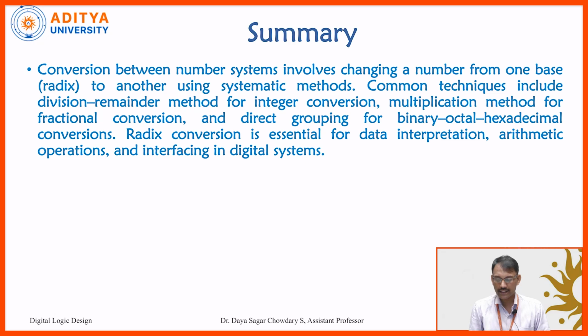Common techniques include the division-remainder method for integer conversion, the multiplication method for fractional conversion, and direct grouping for binary, octal, and hexadecimal conversions. Radix conversion is essential for data interpretation, arithmetic operations, and interfacing in digital systems.